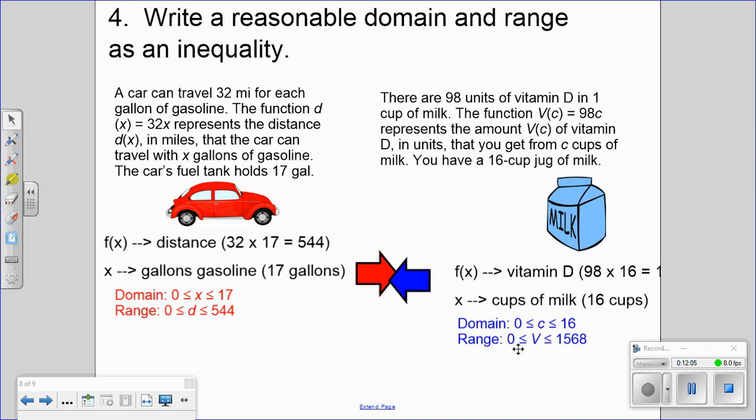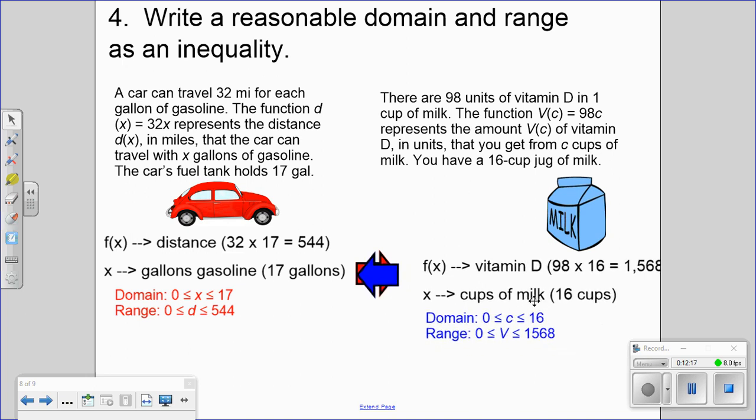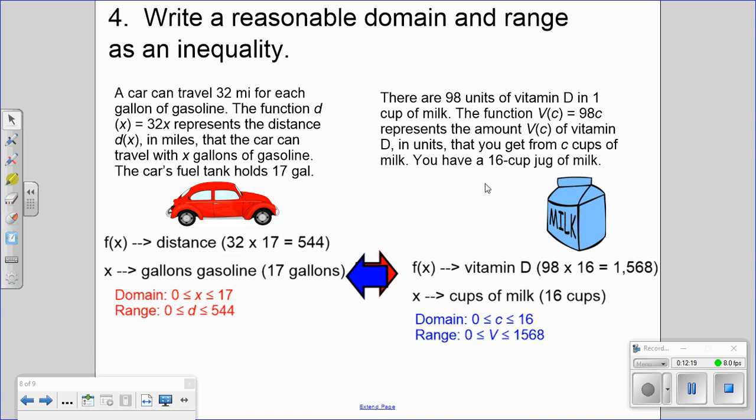Again, if you pour 0, you're going to have 0 units of vitamin D. And if you pour all 16, then you'll have 1,568 units. Again, looking at that reasonable domain and range, what are your limits? So what does the word problem limit you to? Here we were limited to 17 gallons, and here we were limited to 16 cups.